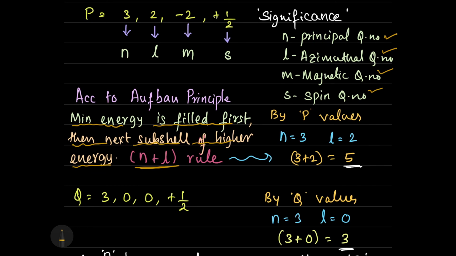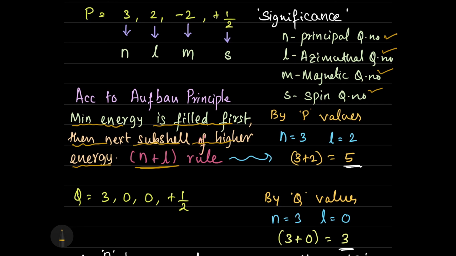Here n is the principal quantum number and small l is the azimuthal quantum number. If we look at the values of P and Q, we just add the principal and azimuthal quantum numbers. Whichever has the greater value is considered to have more energy.